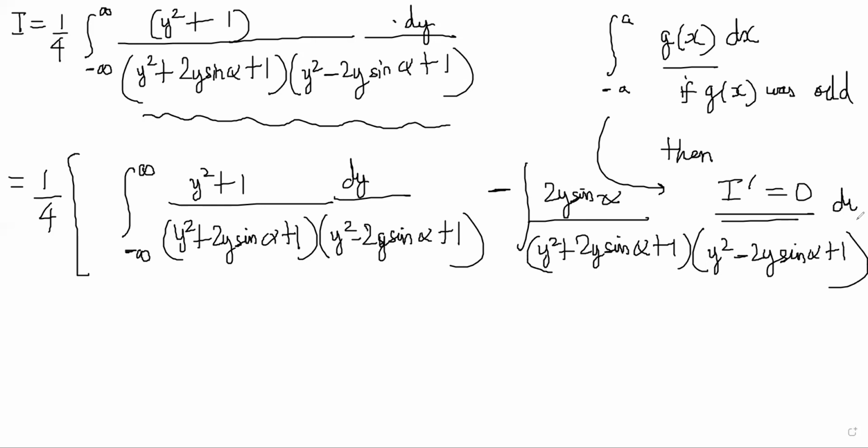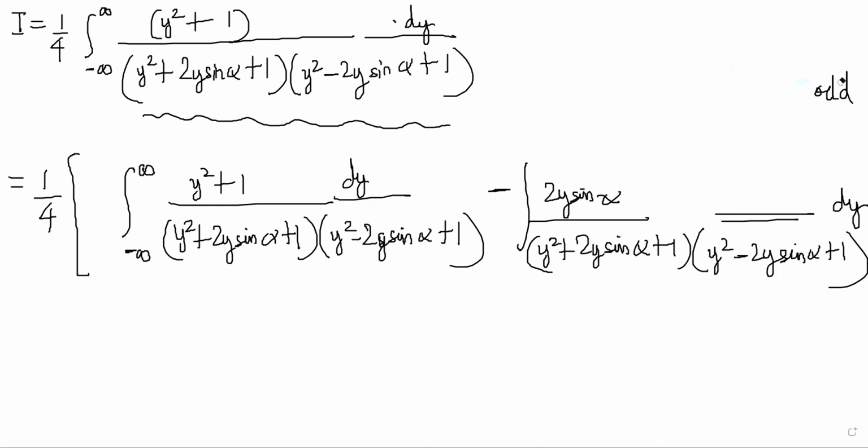I'm going to subtract this integral. There is a little less space here, so I'm going to rub this off. So what I'm doing here is I am subtracting this integral from the overall integral, right? From this integral, I'm subtracting this integral.